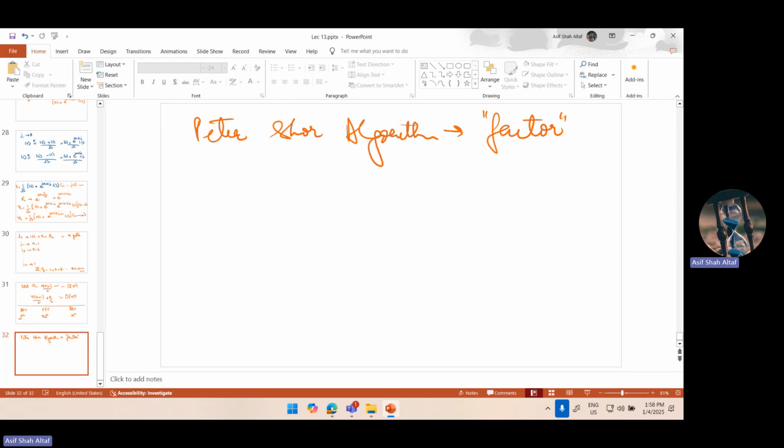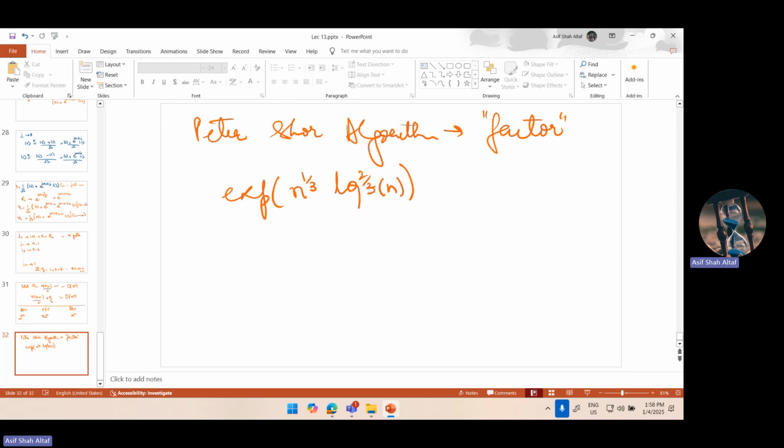The best algorithm that is known to factorize prime numbers has a computational complexity of exponential of n to the 1 by 3, log to the 2 by 3 n.